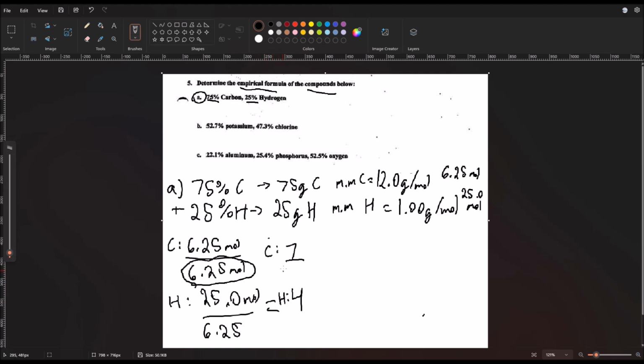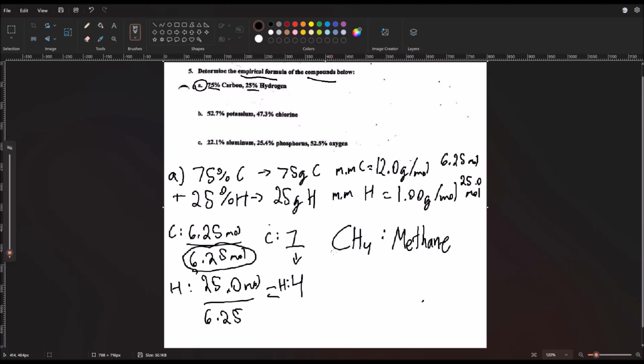It's going to be 1 part carbon for every 4 parts hydrogen. And that is going to be written as the empirical formula of CH4, which is a very common compound known as methane. And that is going to be our answer.